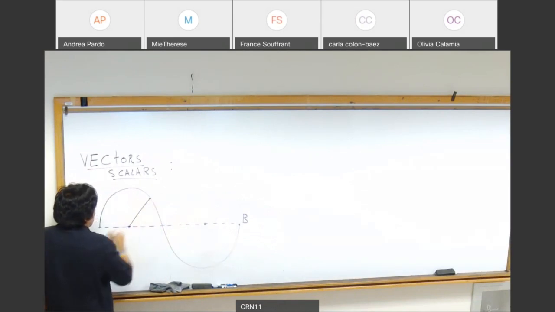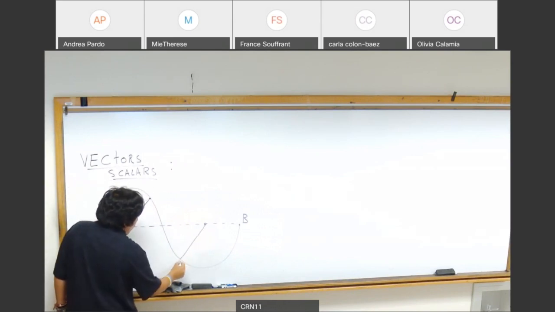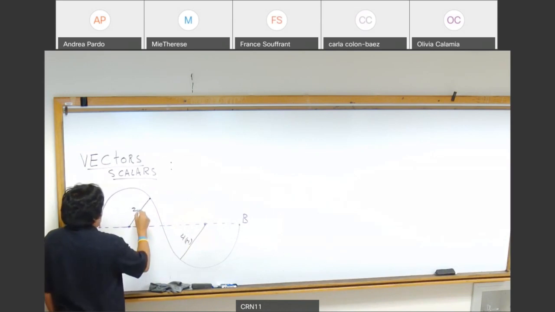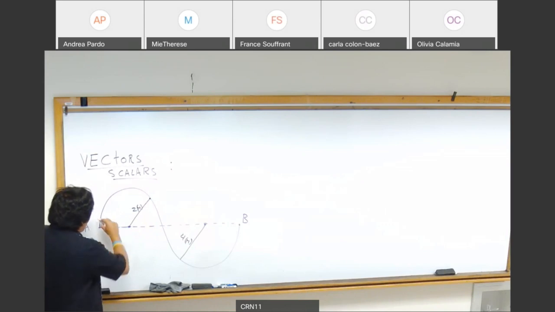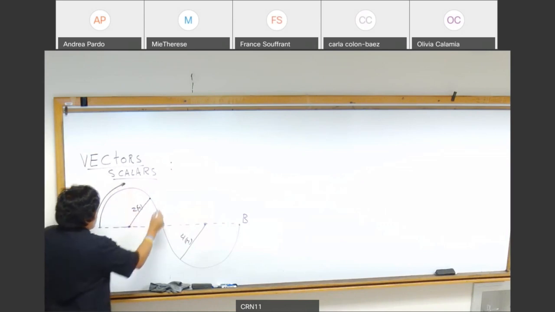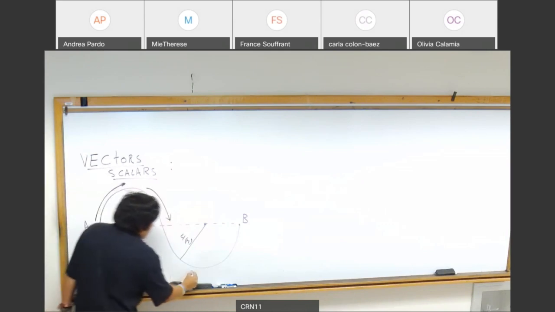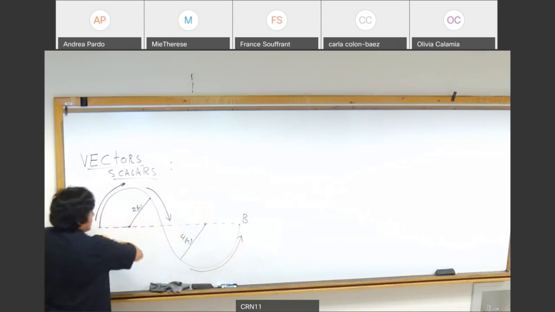This one, let's say, is radius 2, and this one is radius 4. 4 meters, 2 meters. And let's start with an easy question. Let's say you're going from A to B following this path. So you go like this.